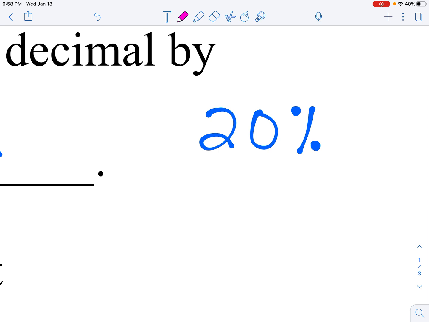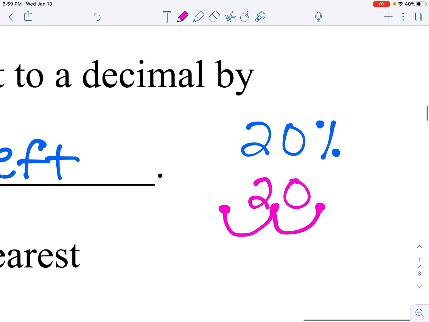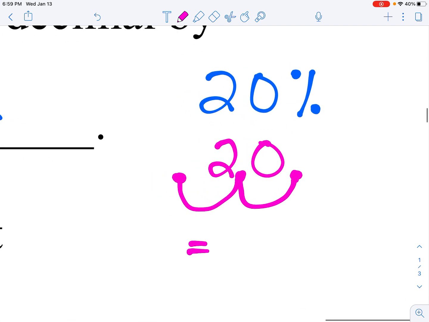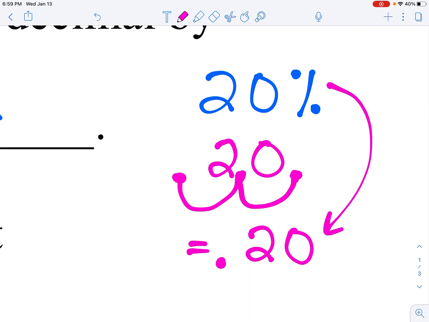Well, hopefully you guys remember that if there is no decimal point, we put it all the way at the end. We put it at the back. And now we're going to take this and we're going to move it once. Now it's right in the middle. And twice. Now it's in front. So we moved it twice, so it's in front, 0.20. That's how we go from percent to decimal.